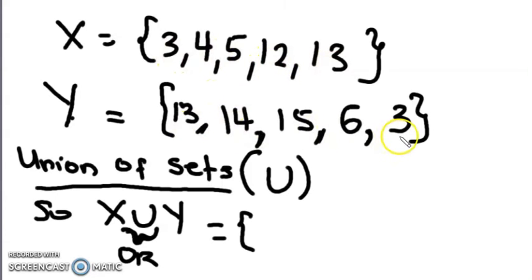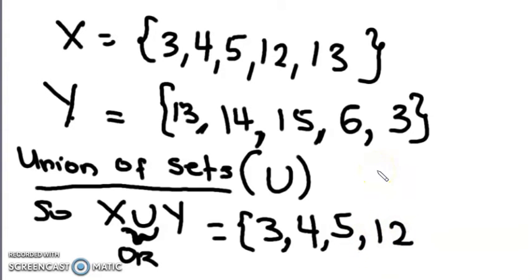And so 3 is in set X, so you write 3. 4 is there, so we write 4. 5 is in set X, we write 5. 12, we have 12. 13, we have 13. We move to set Y, there is also a 13 here. But from the definition of a set, the elements should be distinct.